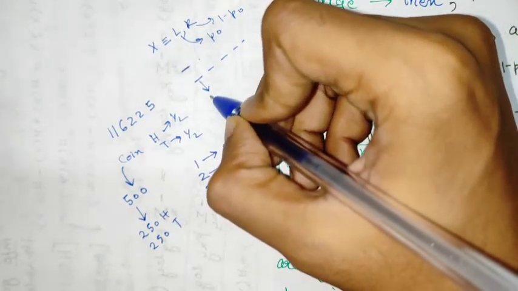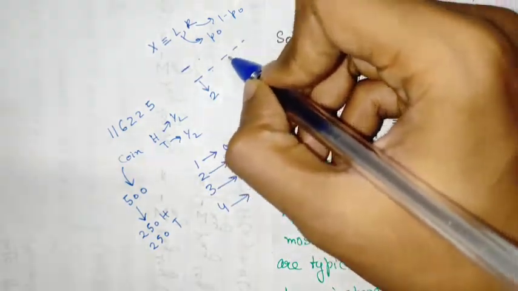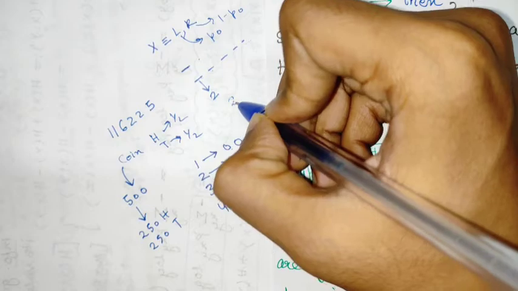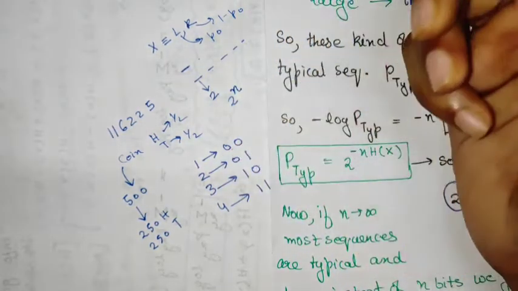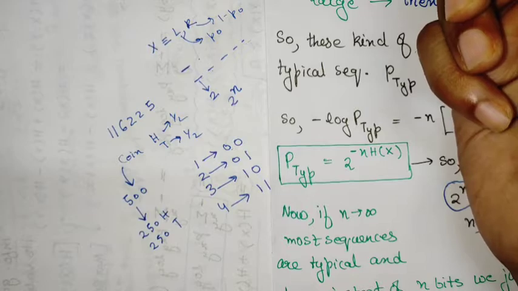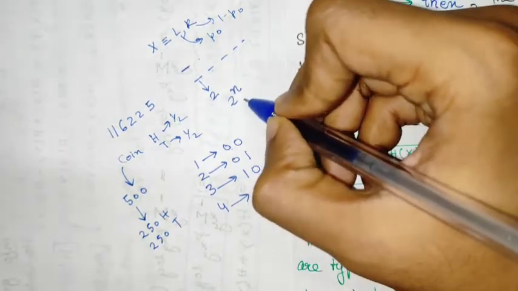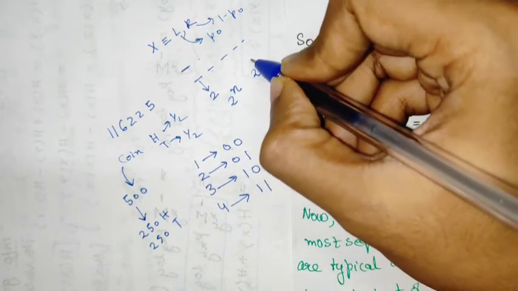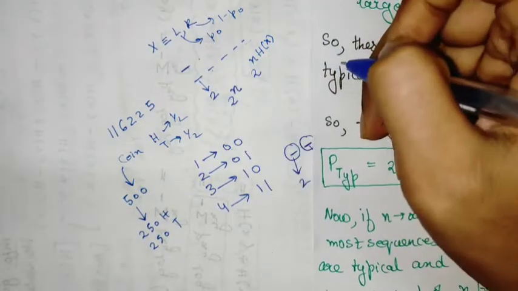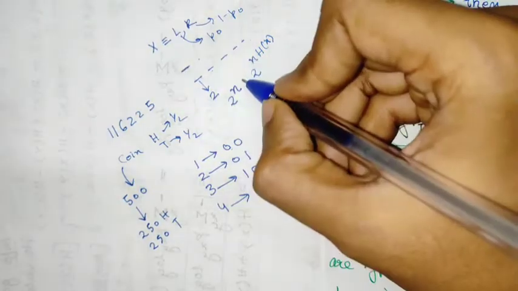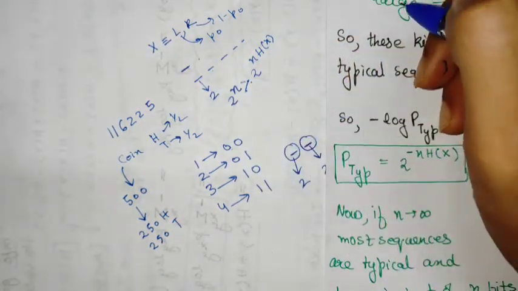In a trial you can have two values and you have n of them, so the total possible sequences is 2 power n, but the number of typical sequences is 2 power n times H of X. So this is essentially less than that.